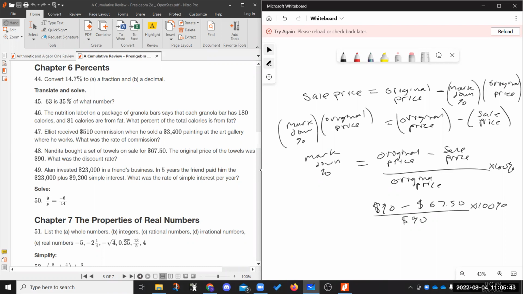So our numerator here is going to be $22.50. The denominator is going to be 90. Okay, so let's do some division off to the side over here.